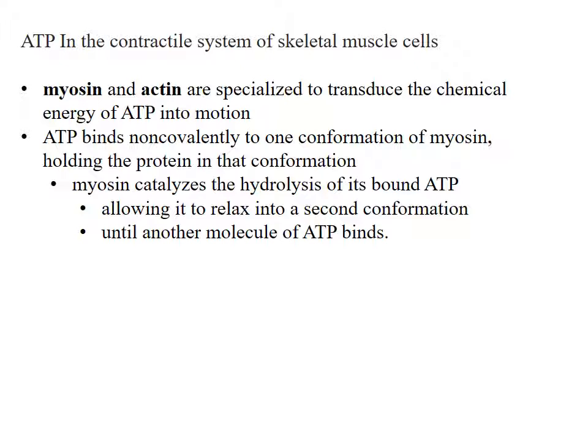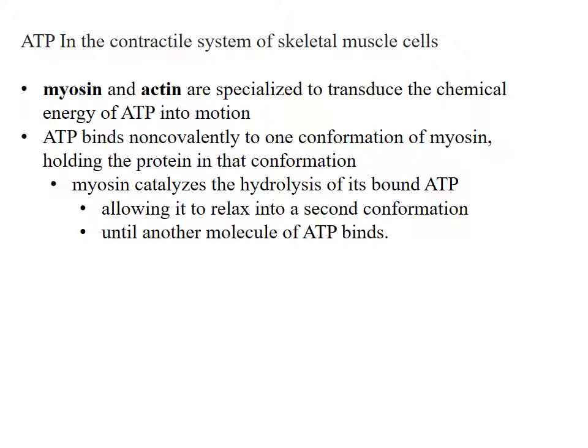ATP can bind to myosin non-covalently, but quite tightly, and tight enough for myosin to hold a particular conformation when ATP is bound to it. So myosin then can catalyze the hydrolysis of ATP that is bound to it by an enzyme called myosin ATPase, therefore generating the ADP and phosphate.